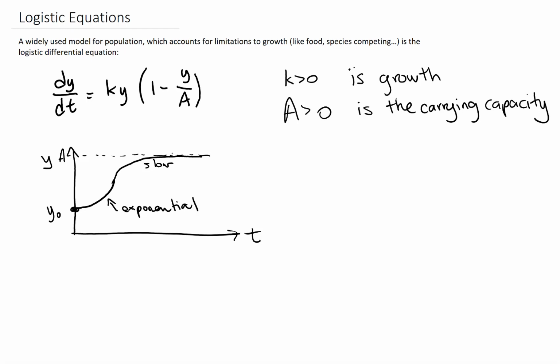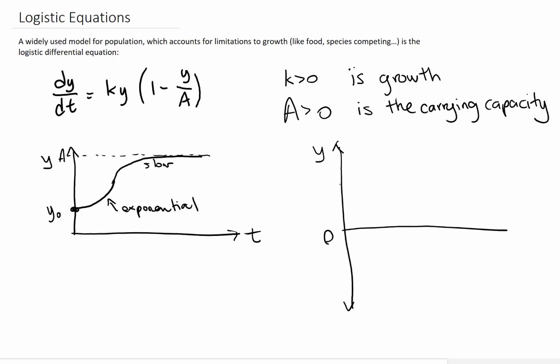So there's actually 3 families of solutions. If we expanded this and thought about this being 0, here's your y-axis. Where you have an a value here, if you started with an initial condition anywhere above it, you will eventually level out to it.